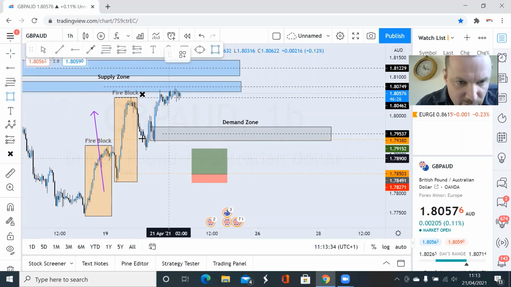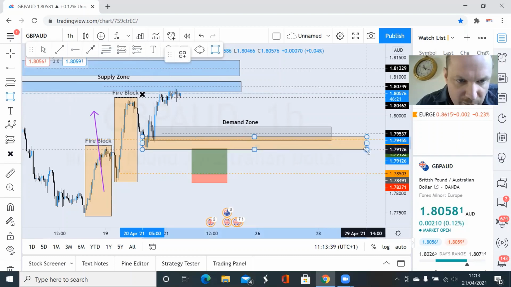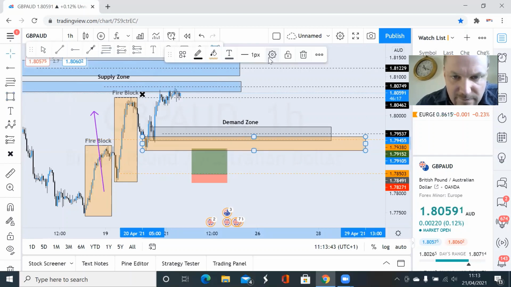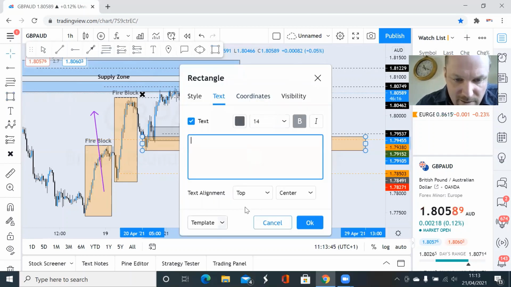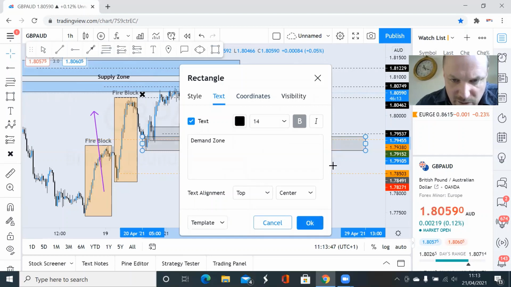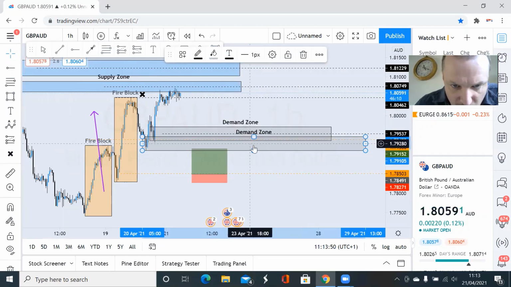But again, you don't want to overcomplicate things. You could put 0.5% on each one, to be fair. So we did that. Let's just see what happens here. Call this our demand zone. So it's more or less slap bang in the middle of where they are.